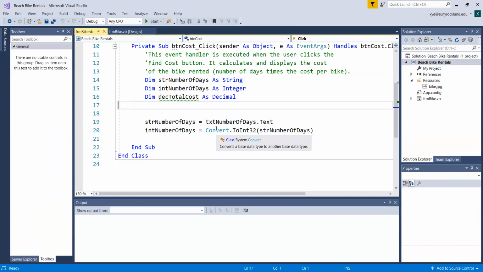So what they do is put it in the library. In the library, we have a class called Convert. Class means a bunch of code, or just a group of code. Now in this Convert class, we have a method, or you can say a procedure, to convert a string to an integer, to Int32.